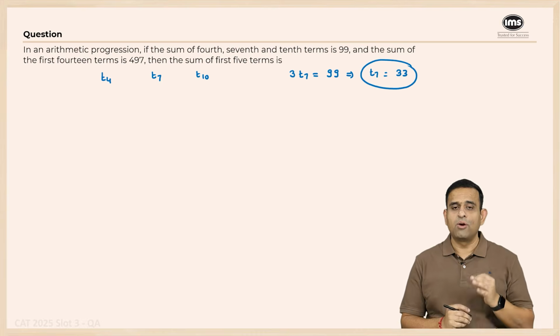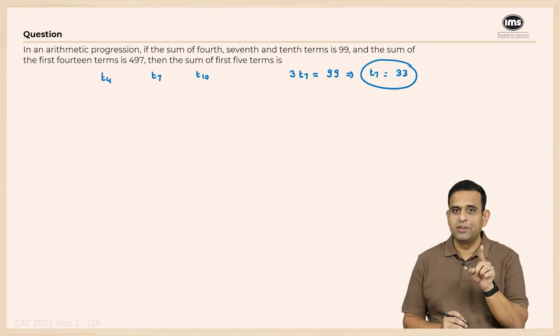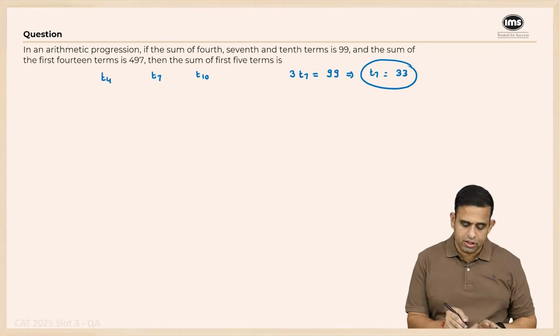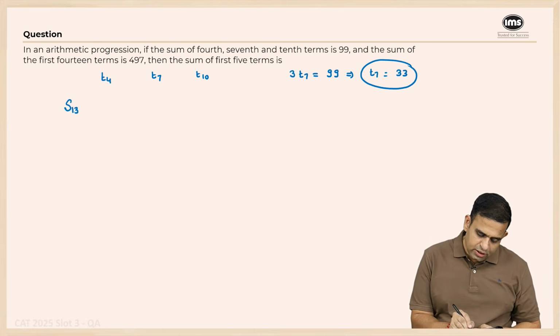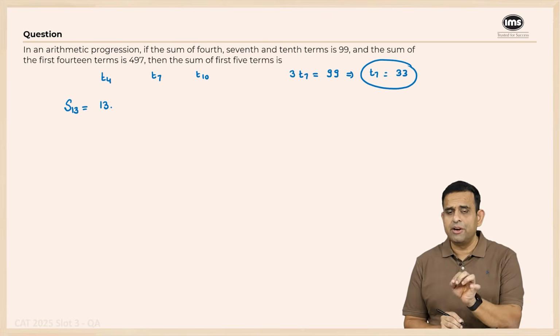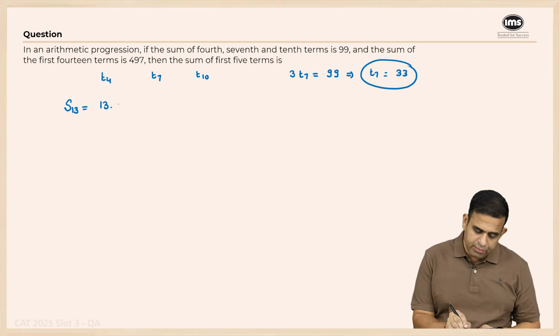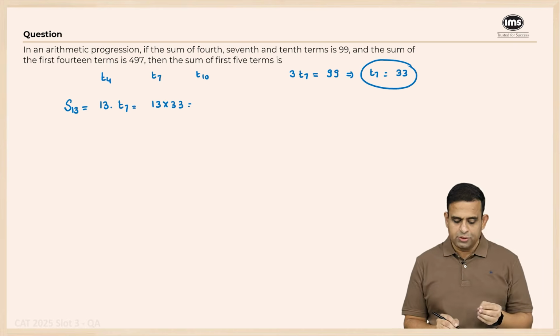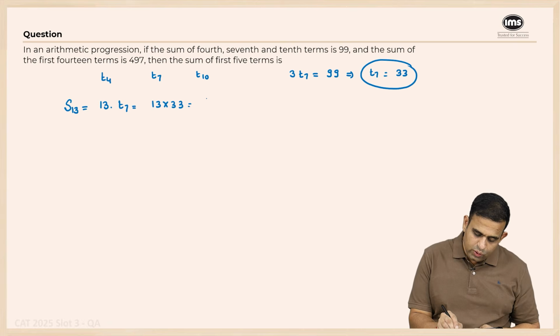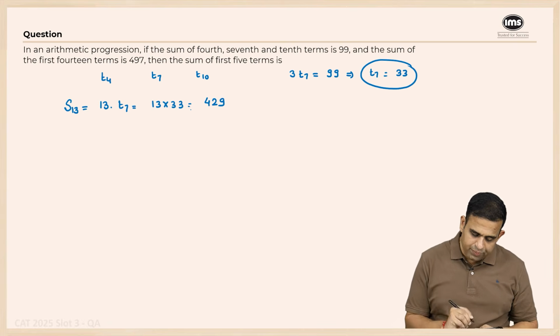So we can easily find the sum of the 13 terms, because for 13 terms, the 7th term is the middle term. So S13 should be equal to the number of terms, which is 13, times the central term, the middle term, which happens to be nothing but T7. So 13 times 33 is what I wish to evaluate. This will come out to be 390 plus 39, giving you 429.